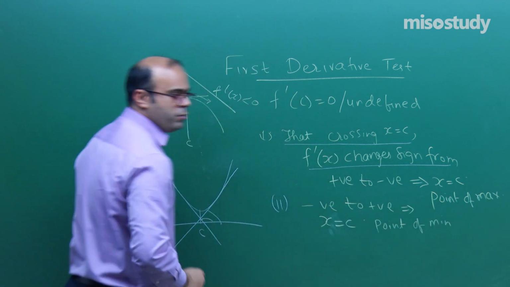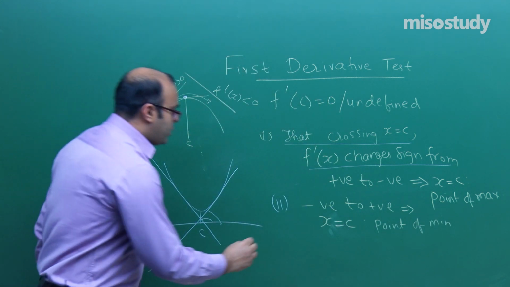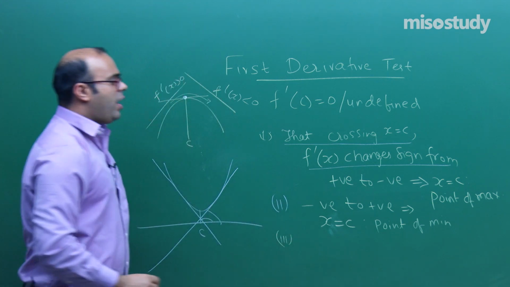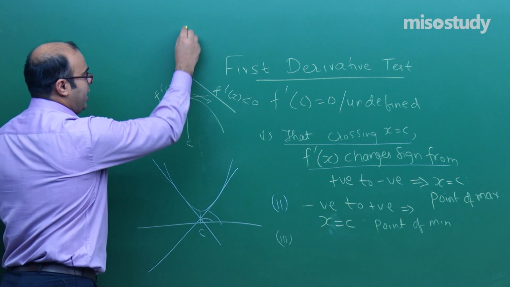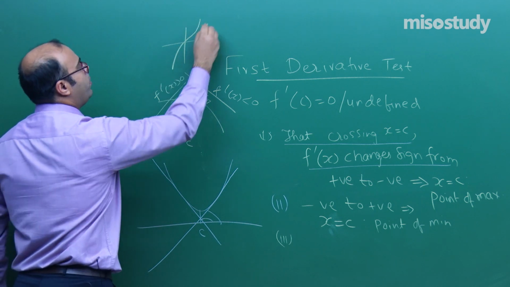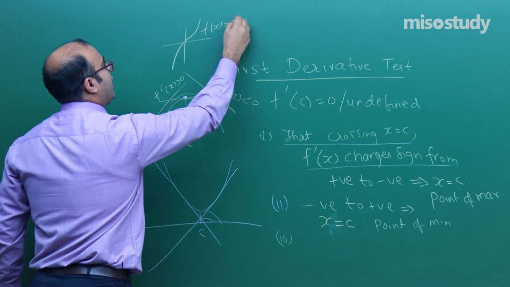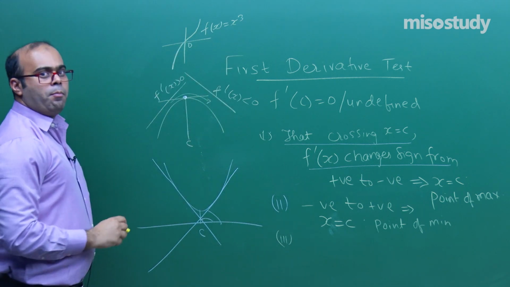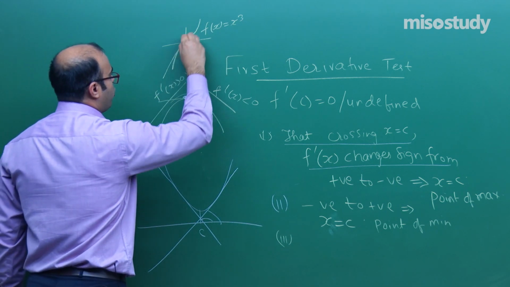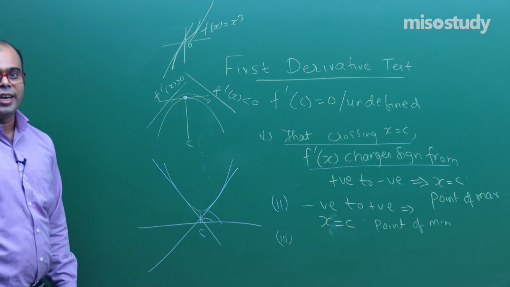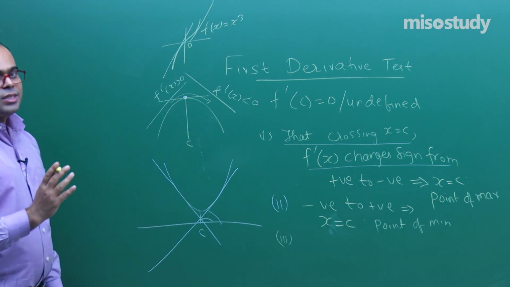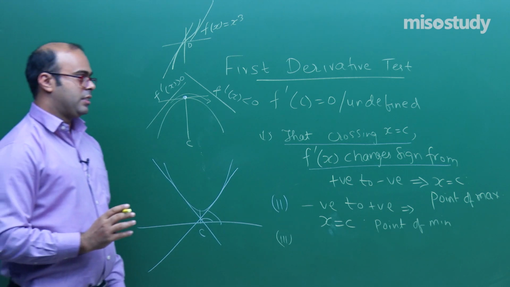Right, students? Okay. Now, third point, if f dash x does not change its sign, as we have seen in f x is equal to x cube, we crossed the origin, but the slope is positive here also, positive here also. It is not changing its sign. The tangent is always making an acute angle with the x axis.